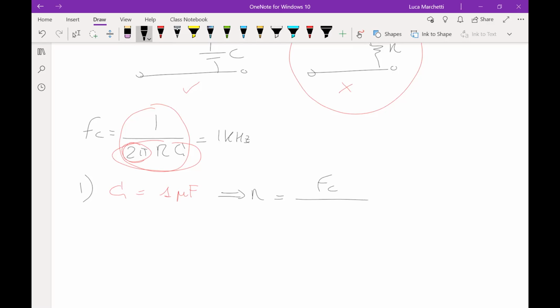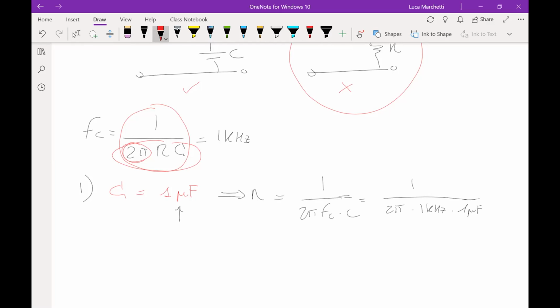So R is equal to 1 over 2 pi times FC times C. Here again, I also use 1 because it makes the calculation simple, okay? So let's try not to use the calculator if we can. Let's see if it's possible. 1 divided by 2 pi times 1 kilohertz multiplied by 1 microfarad.